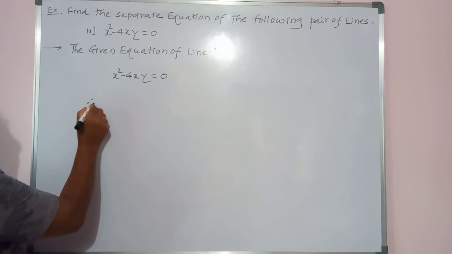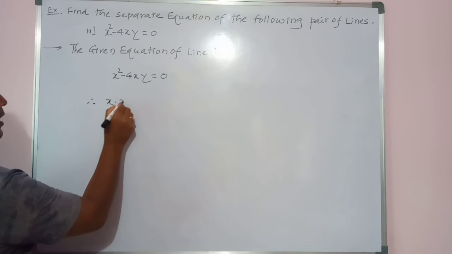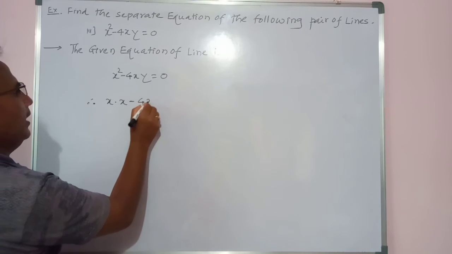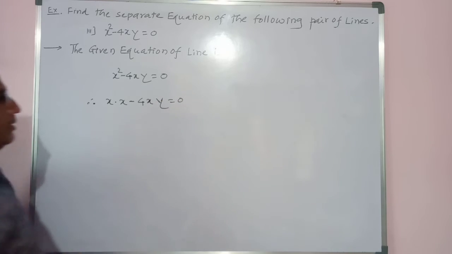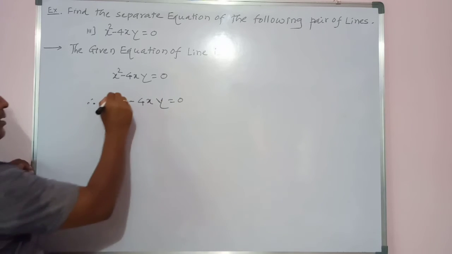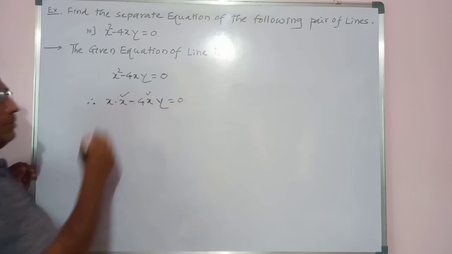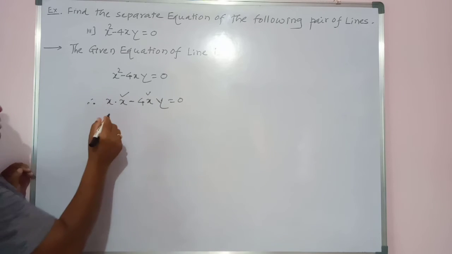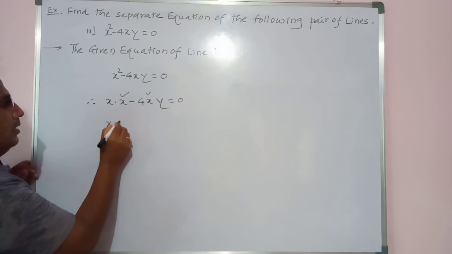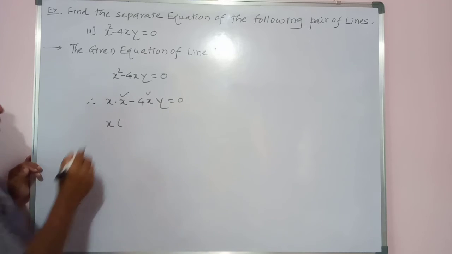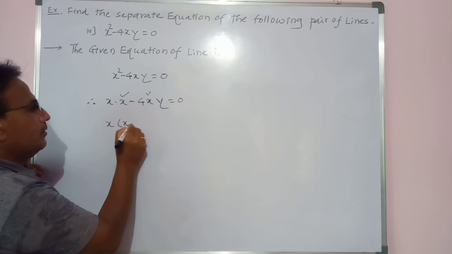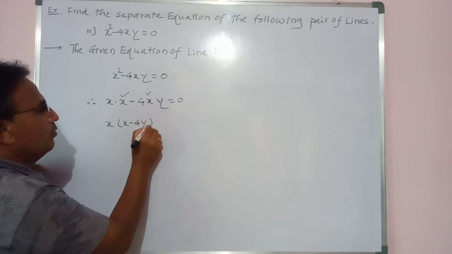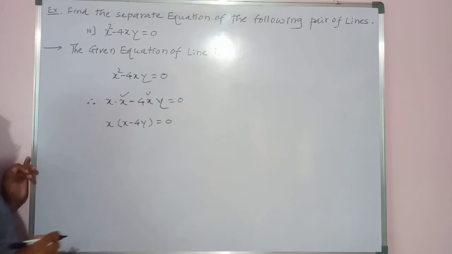Therefore, x² means x into x, minus 4 into x into y, equal to 0. The similar term x is common, so x(x − 4y) = 0.